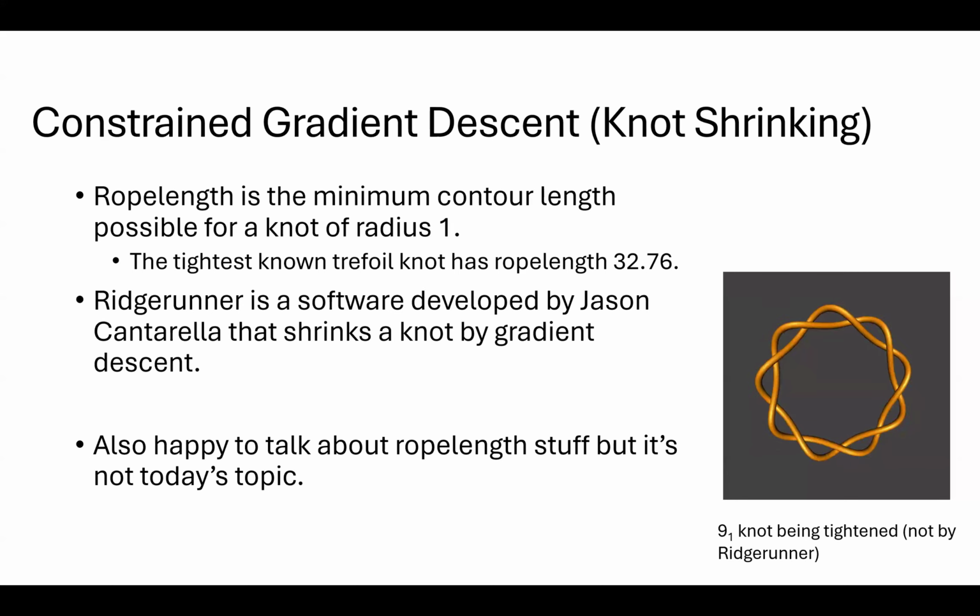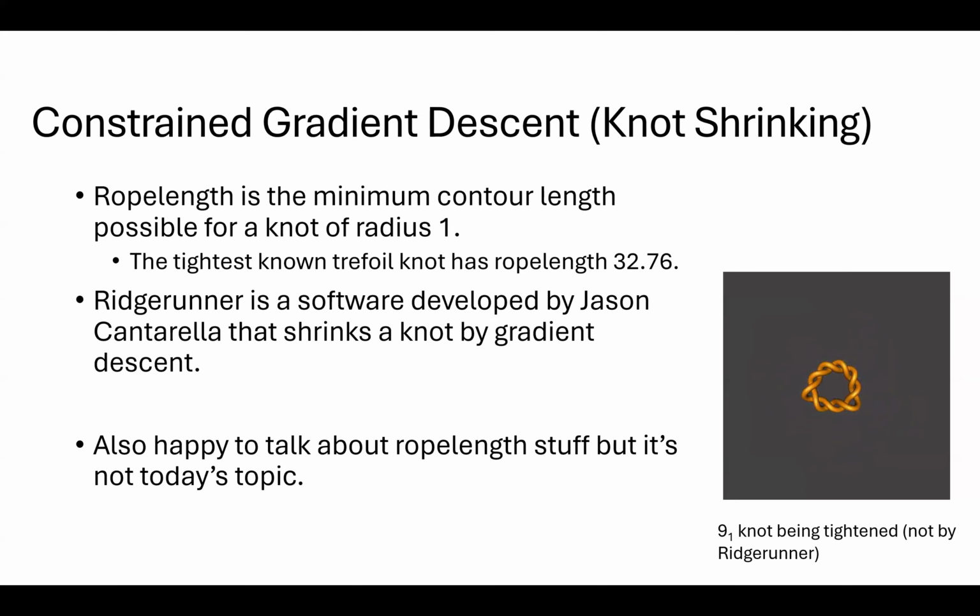One I'll call constrained gradient descent, or just knot shrinking. I mentioned the rope length problem for knots, which basically asks what is the minimum amount of rope needed to tie a knot with a certain topology. This assumes that the radius of the rope is 1, and how that radius is defined I can get into if you care, but it's not the topic today.